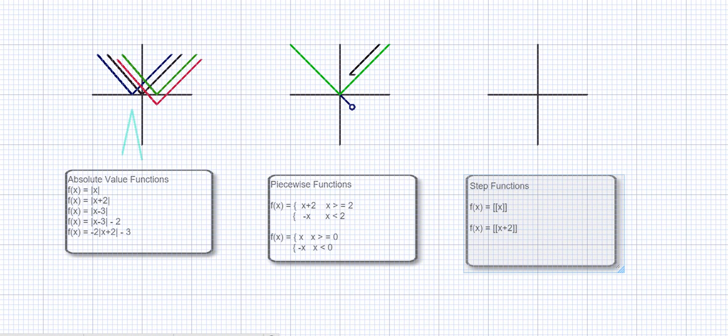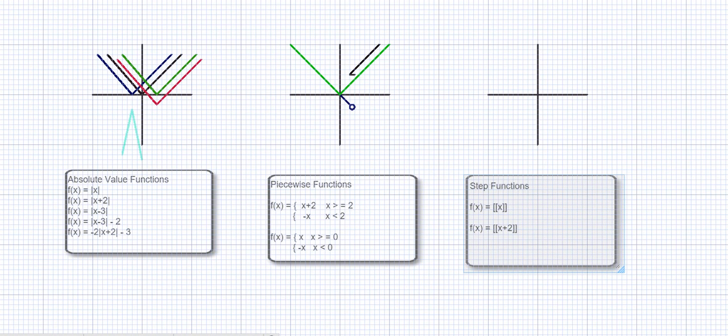Now, the greatest integer function is defined very simply as the largest integer that is less than or equal to whatever number is put in for x. So, for example, let's say I put in the value of 2.7 for x. What is the largest integer that is less than or equal to 2.7?